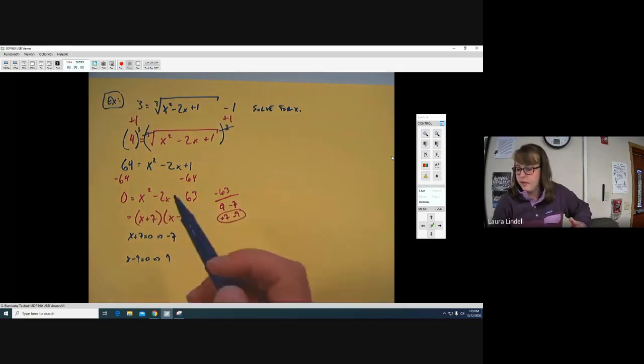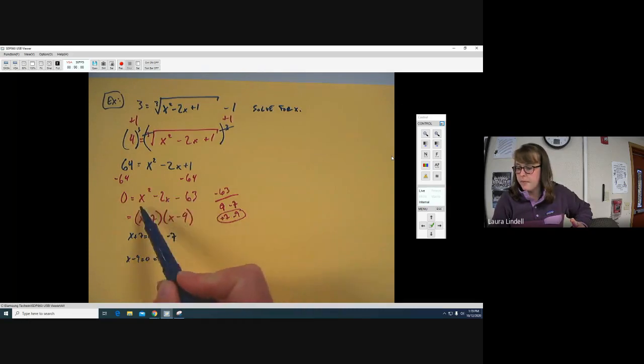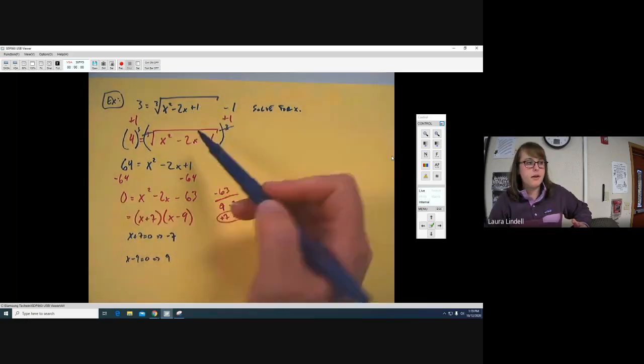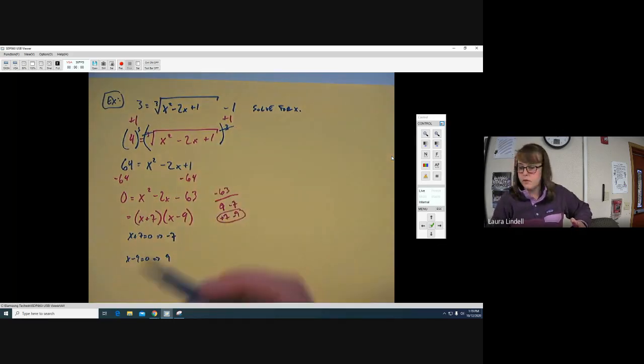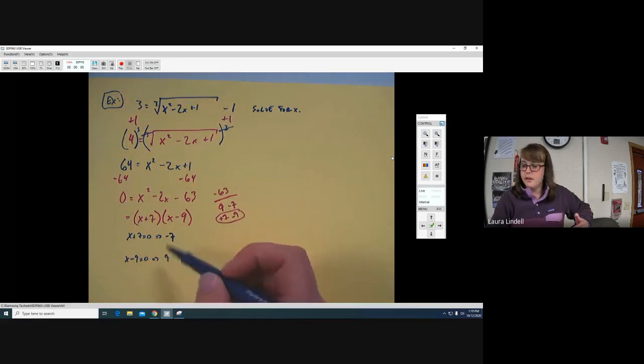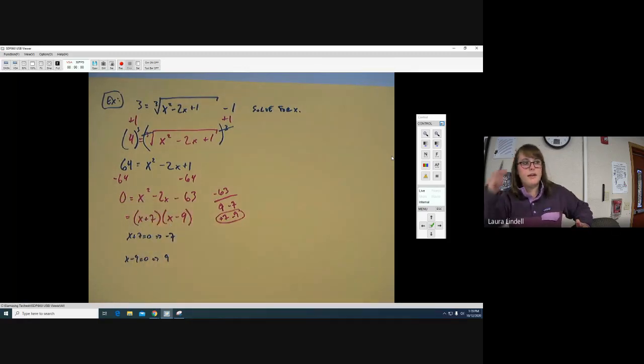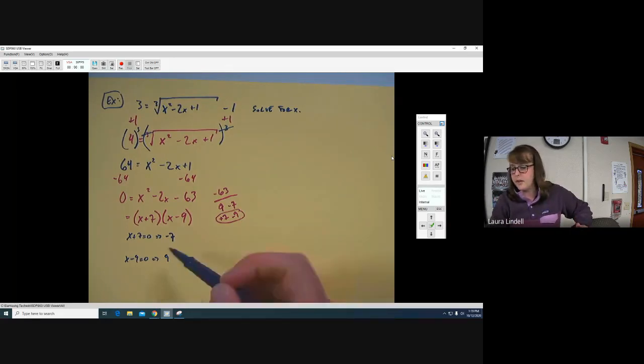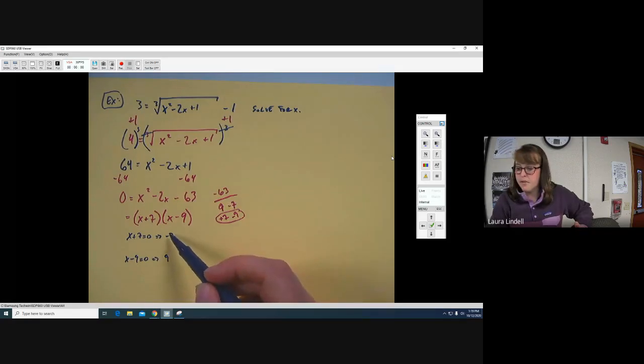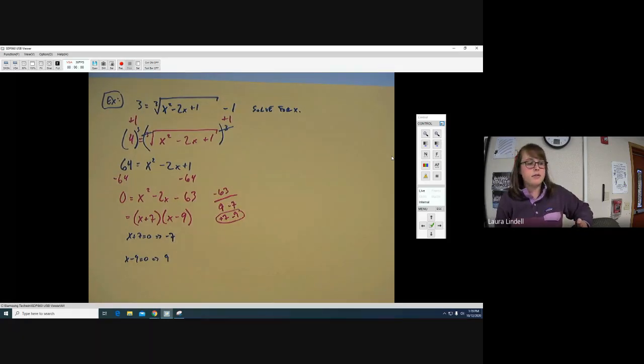Now, typically, if this was the equation that we were solving to start with, not this original one up here, we would be done and rest assured that both of these are solutions to this quadratic here. But since it's a radical function or equation, and sometimes positives and negatives behave differently with roots, then we need to check both solutions.